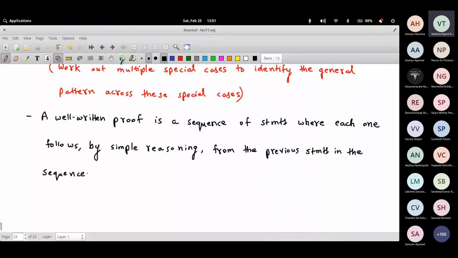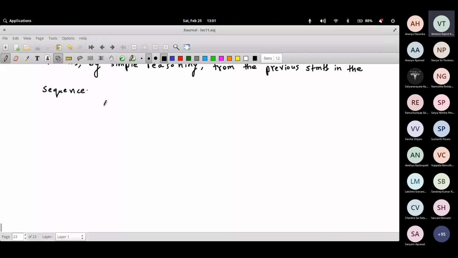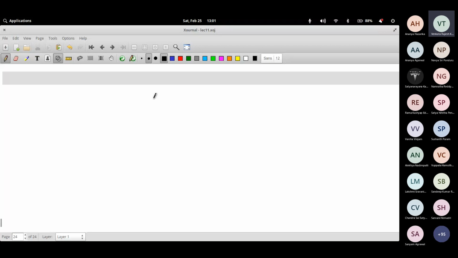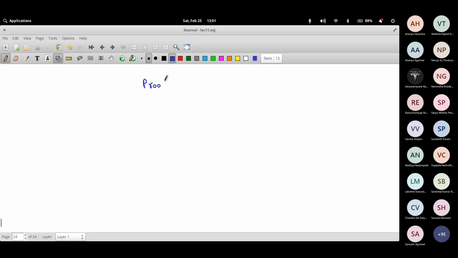Okay, so we have looked at some tips on how to prove different theorems. So now let's look at different kinds of proof methods. I mentioned them once in the class, but now we will look at examples. So the first method is proof by construction.